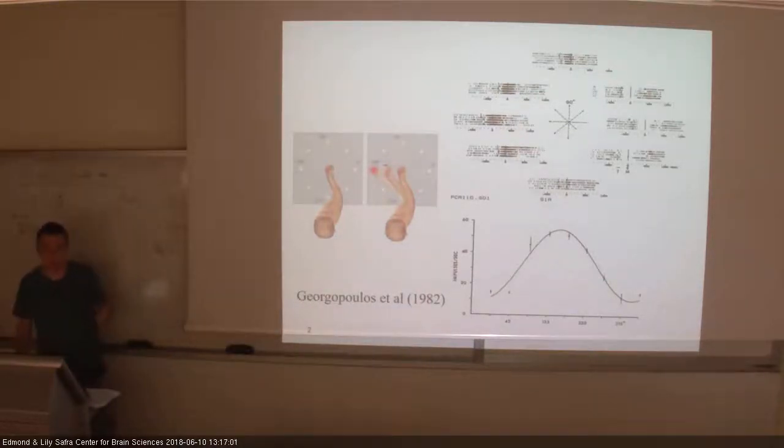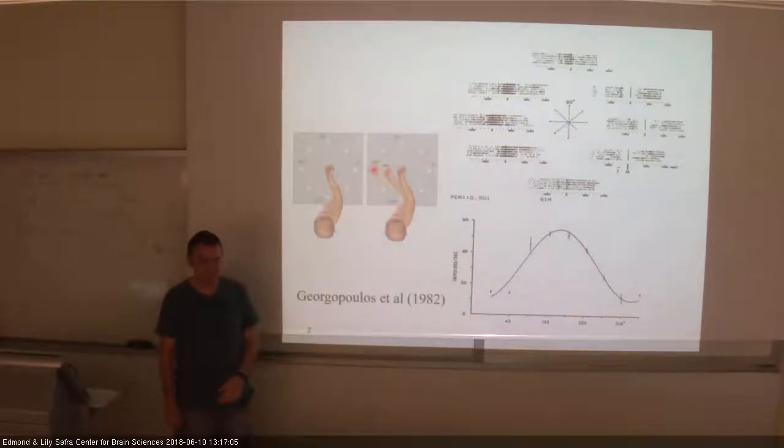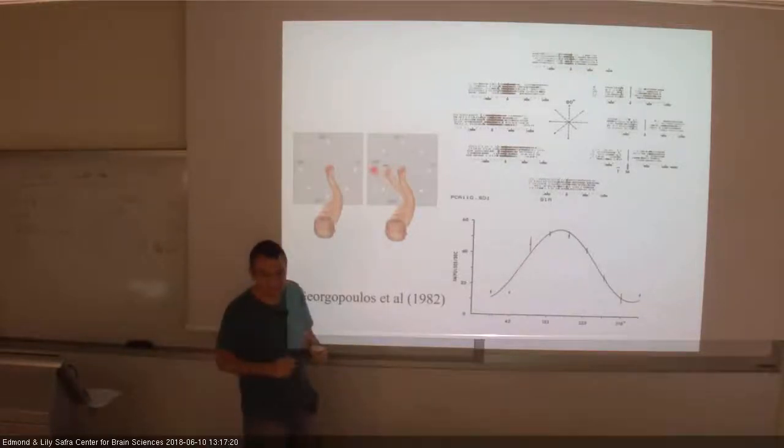So one prediction of this idea of noise would be that if you do the experiment more carefully, the magnitude of this noise should be reduced. This is, I would say, a prediction of this claim that it's due to noise.